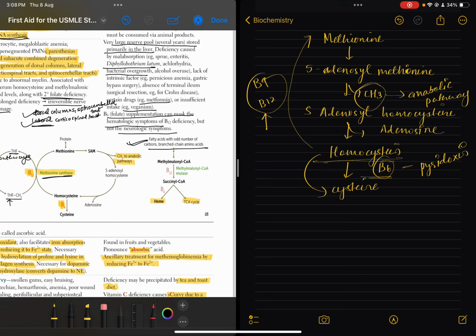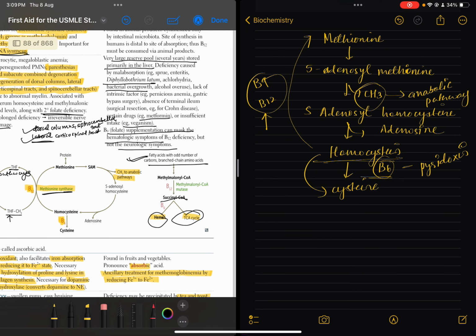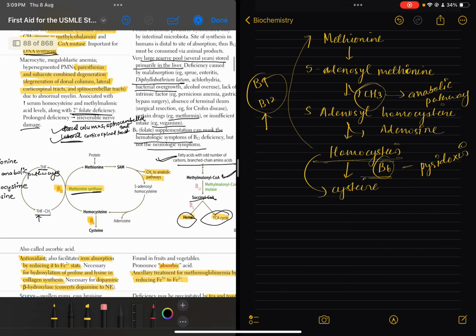Methylmalonyl CoA will be converted into succinyl CoA, and this succinyl CoA either goes to the TCA cycle or goes to the heme synthesis pathway. So in B12 deficiency, the methylmalonyl CoA level will be raised.